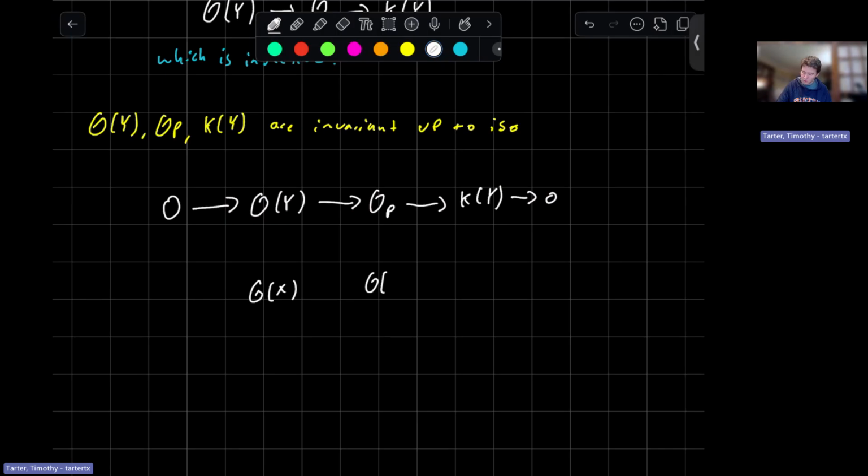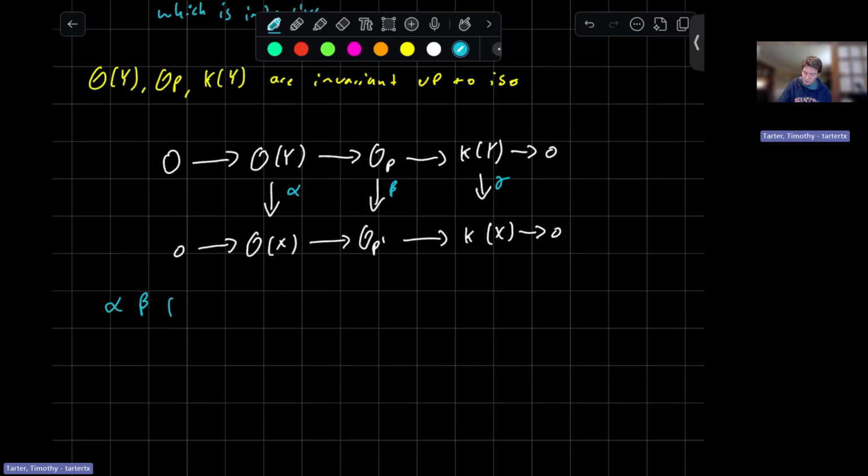With P, K of X, and maybe this will be O_P', alpha, beta, gamma are isomorphisms.